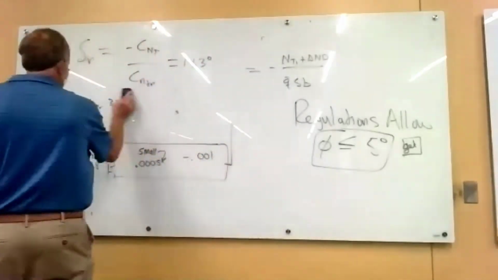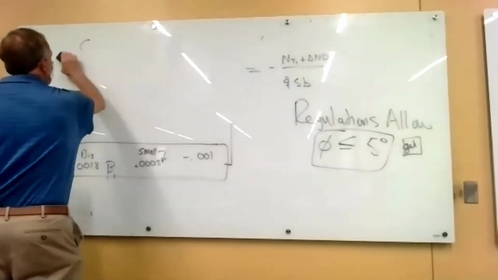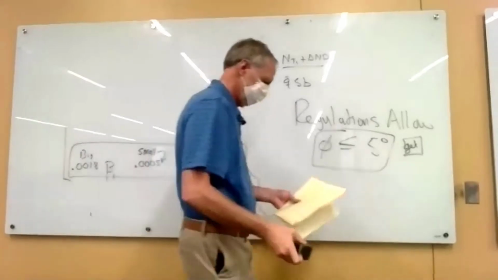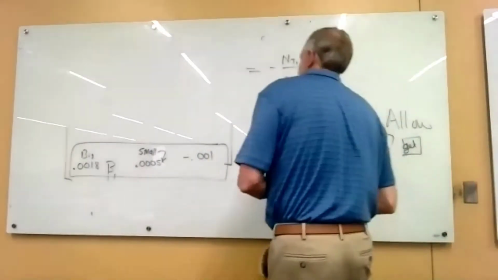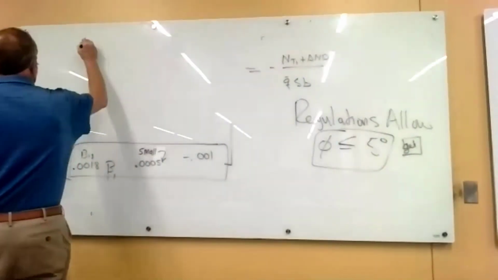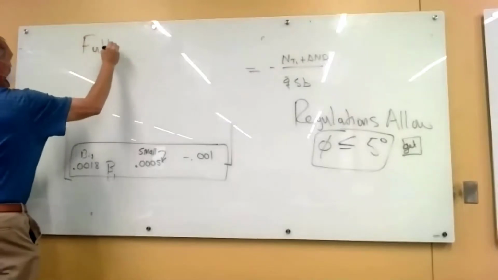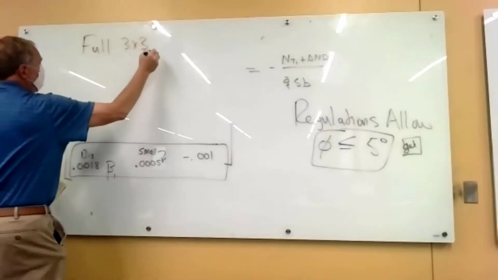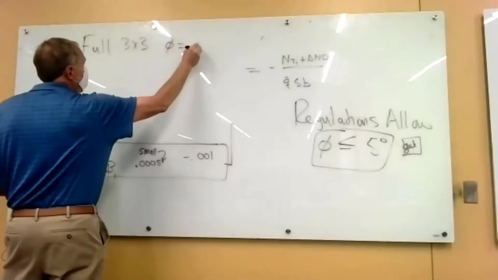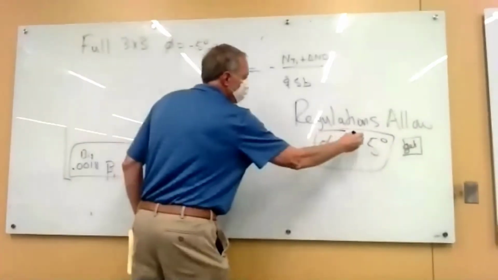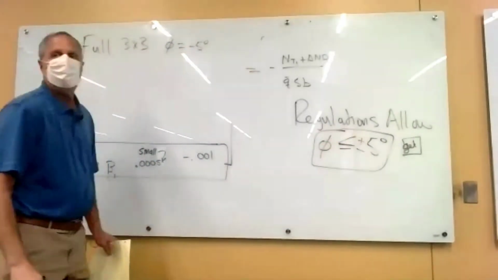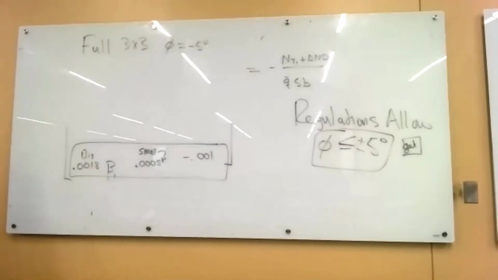So we're going to go back to the full 3 by 3, and put in a bank angle of -5 degrees. You can do plus or minus, but it turns out for this condition, a -5 degrees helps you out.